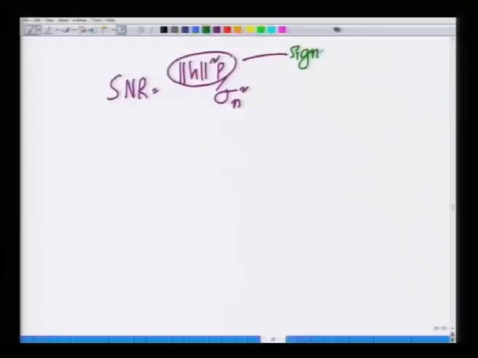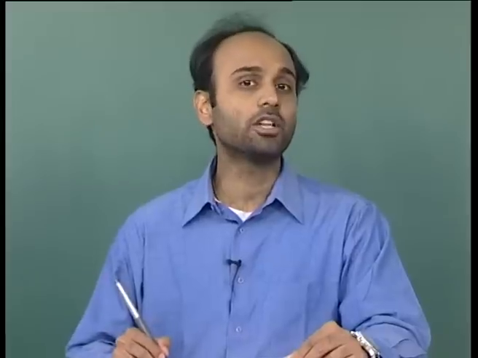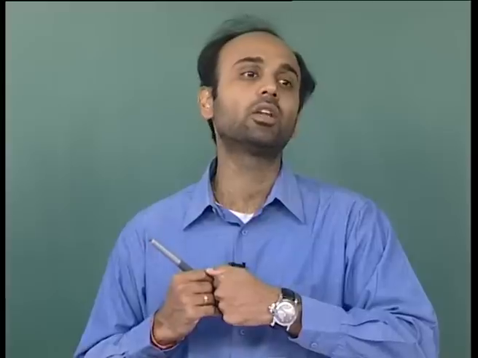Now, the SNR equals norm h square P over sigma n squared, where the top one is the signal power, and the bottom one, sigma n squared, is the noise power. And we said the system is in a deep fade when the received power is smaller than the noise power. Remember, in the wireless fading channel case, we said the system is in a deep fade when the destructive interference is such that the received power at the output is smaller than the noise power.